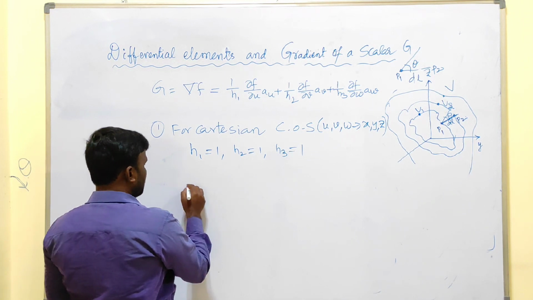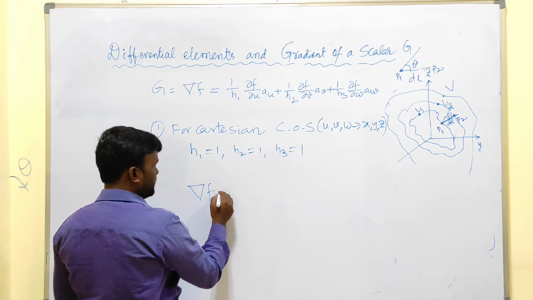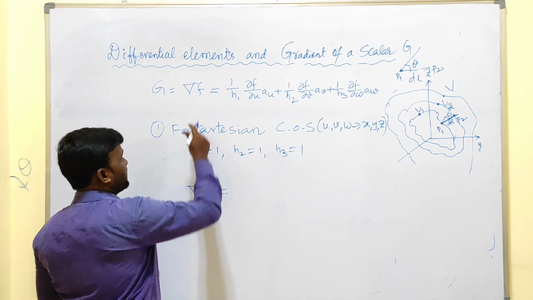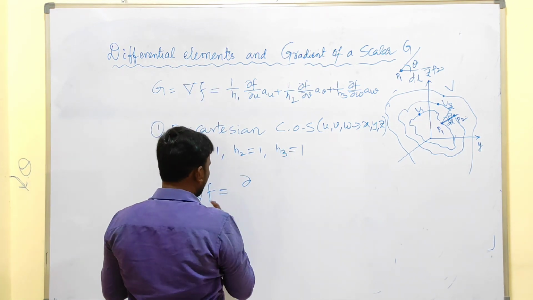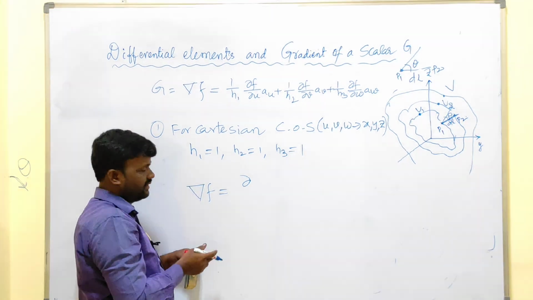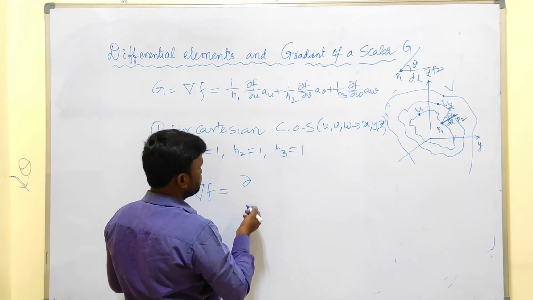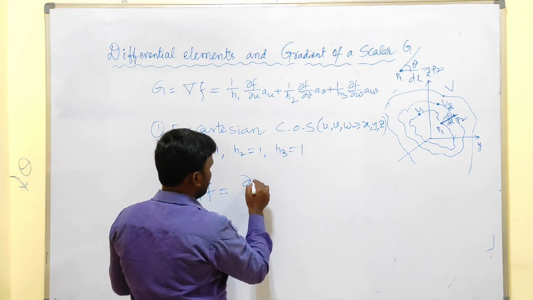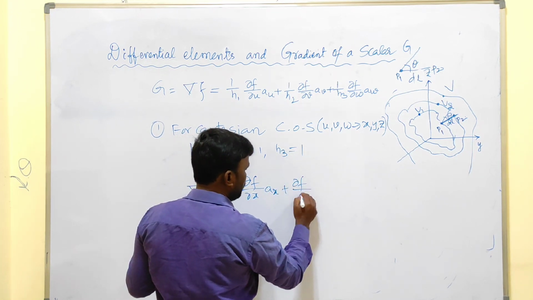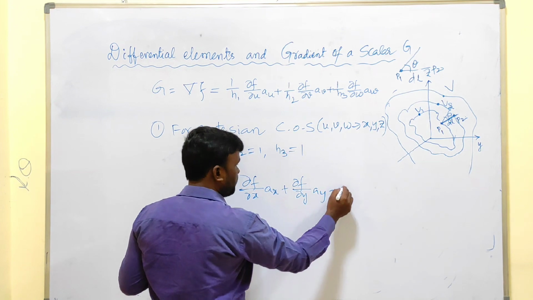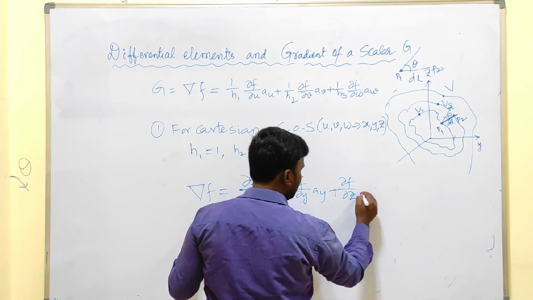Now we can write the gradient formula: del f, we can take any scalar function, not only v. Del f equals dou f by dou x, ax plus dou f by dou y, ay plus dou f by dou z, az.